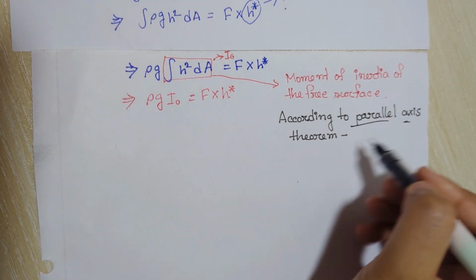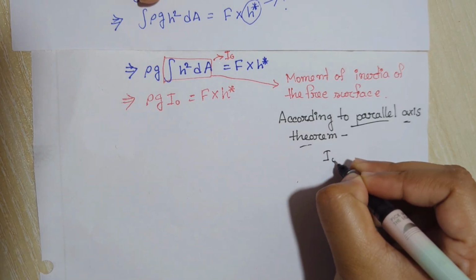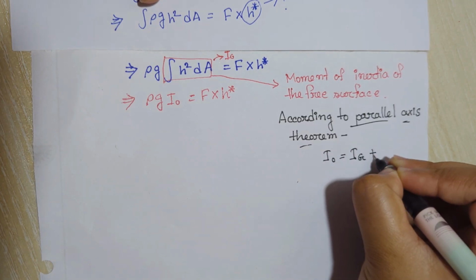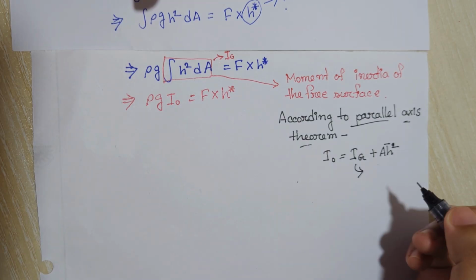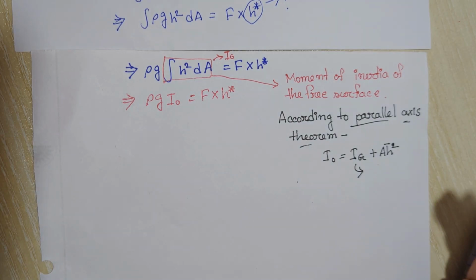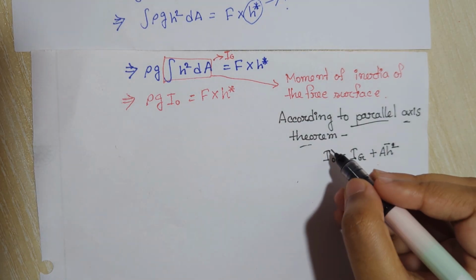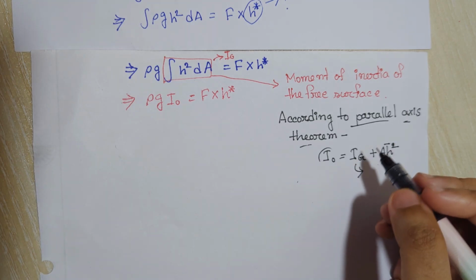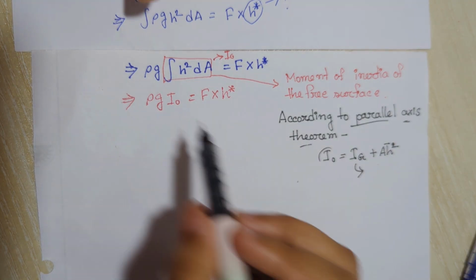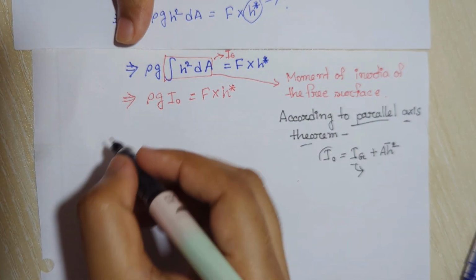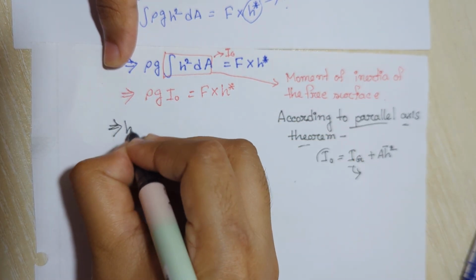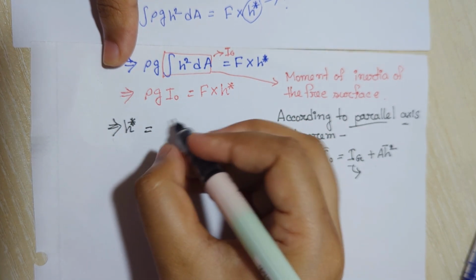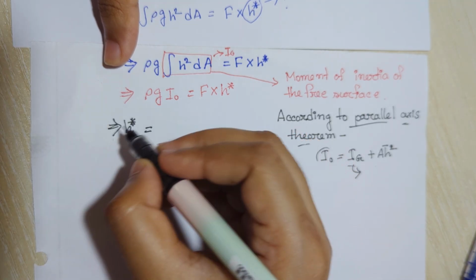According to the parallel axis theorem, we know that I naught equals Ig plus A h bar square. Here Ig is the moment of inertia about the centroid, and I naught is the moment of inertia about the free surface. So here we'll replace this term instead of I naught, and as we want to find this h star, we will write h star on one side and put this F on that side.